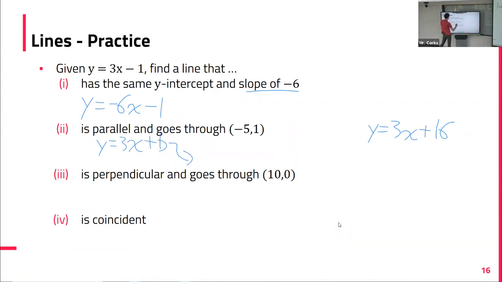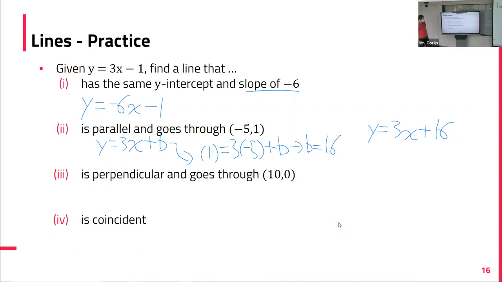Substitute in our values here. So we had 1 equals 3 times 5 plus b, and that'll be 15. Move that to the other side. That's 16, and that's it. That's our b value here. B equals 16.